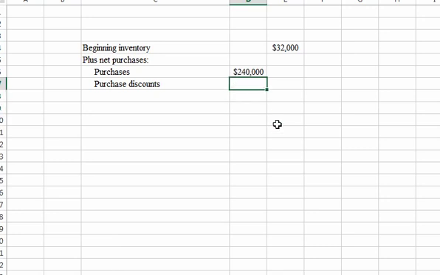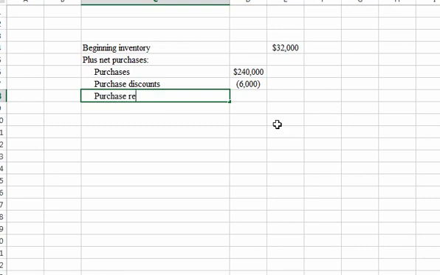Purchase discounts, $6,000. We're going to deduct it though, so let's put it in as a negative $6,000. We're also going to deduct purchase returns. So we're in negative $10,000.